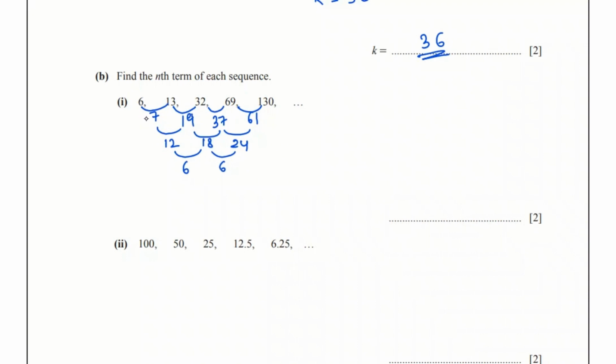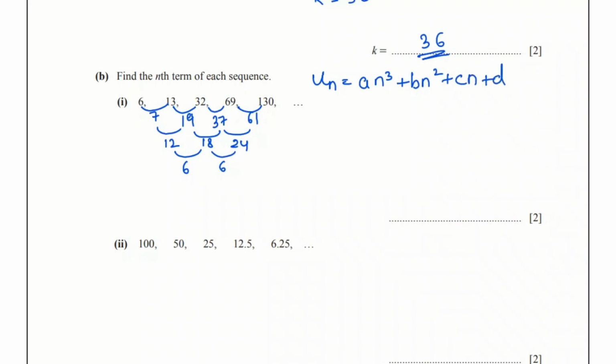How many differences did we take? 1, 2, 3. So it is a cubic equation. For a cubic equation we have a formula: a n cube plus b n square plus c n plus d.